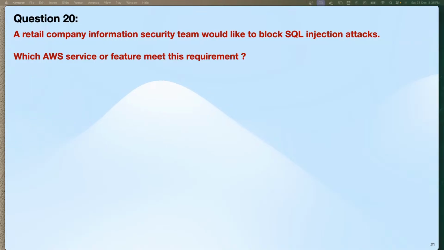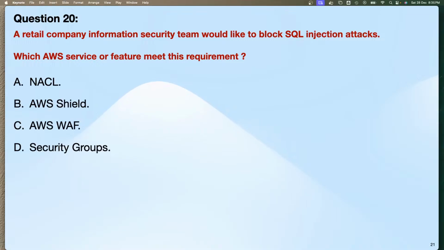So if I go to question number 20, a retail company's information security team would like to block SQL injection attacks. What AWS service or feature meets this requirement? We discussed it during our video course also. Let me go through the options and explain. NACLs, or network ACLs, are for network security, like a firewall.